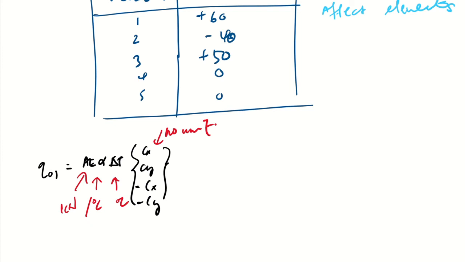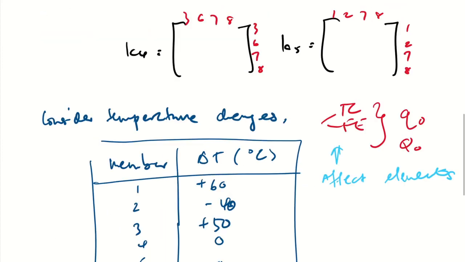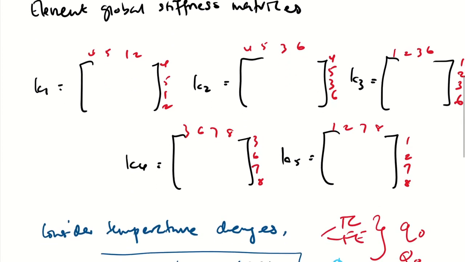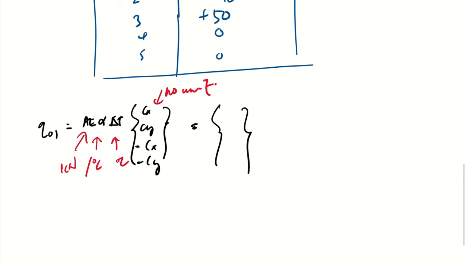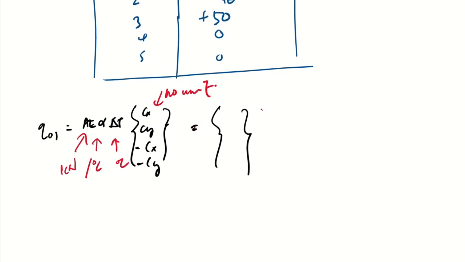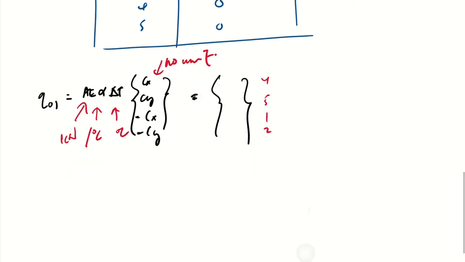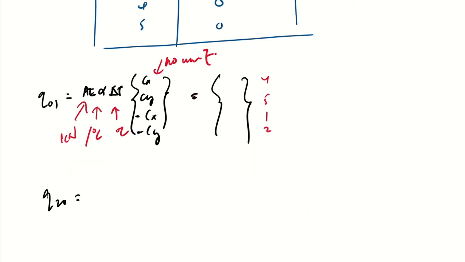Okay, so we will have Q naught 1, where the position is equal with K1 4512. Then we will establish Q2 naught the same way.